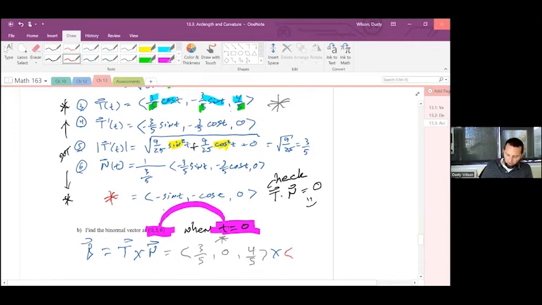So n of 0 is (0, -1, 0). That's from the red star. Let's cross these things and see what we get.